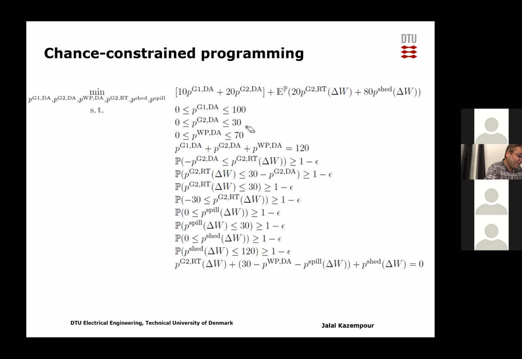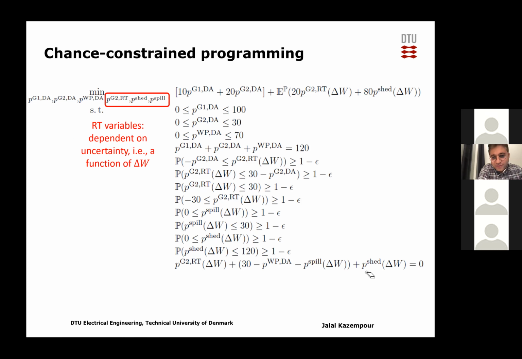But thank you, Achilles. Again, we have day-ahead variables, and we have three real-time variables. As you see, we don't have scenarios anymore, but our real-time variables depend on our uncertainty. For example, our load shedding for load D is a function of delta omega.